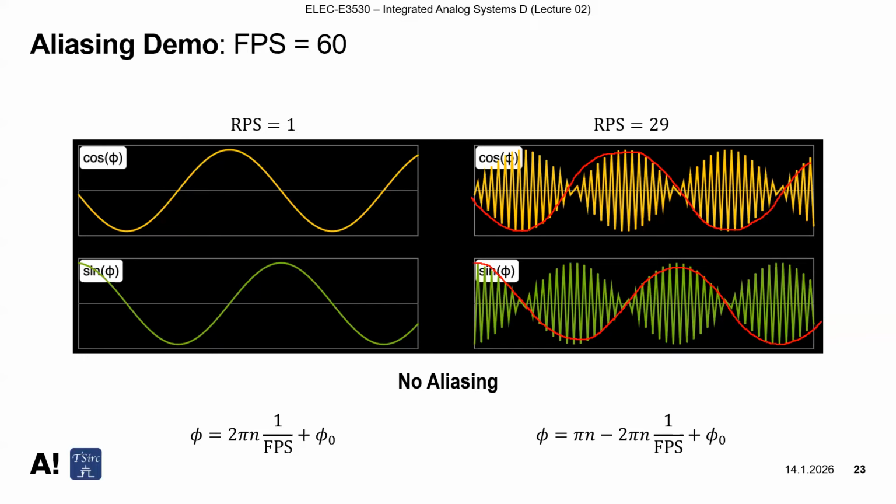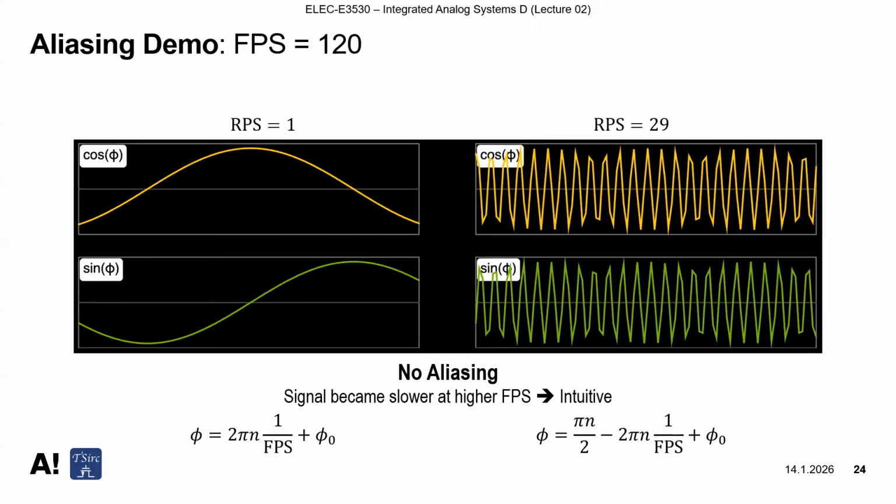This is happening because of this negative 2 pi n over FPS term, and we have very high frequency switching. So it becomes pi n or 0. So pi n times 2 becomes 2 pi n. More precisely, it becomes like this: pi or 0.